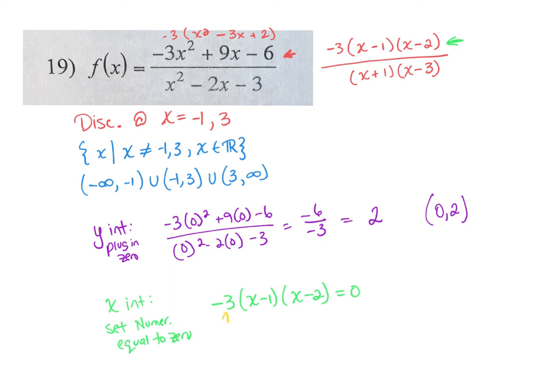This factor can never be equal to 0, so we throw it out. All right? Where is this one 0? At x equals 1. Where is this one 0? At x equals 2. I have 2 x-intercepts. I have (1, 0) and (2, 0). Those are my x-intercepts.